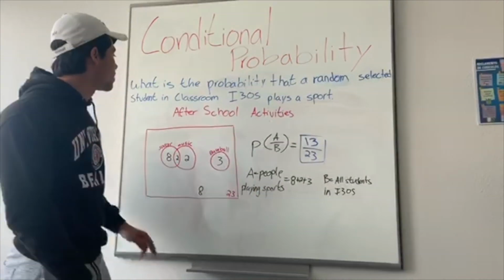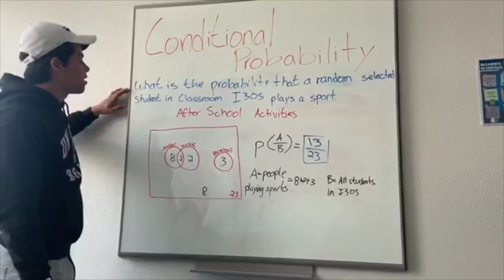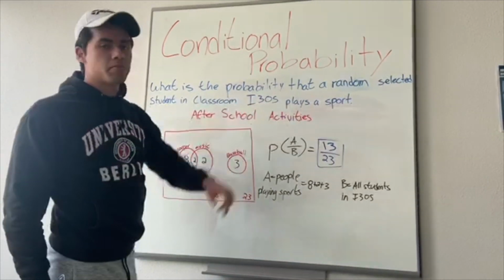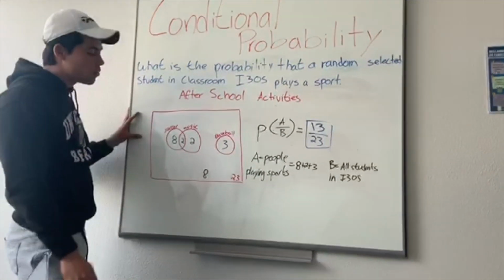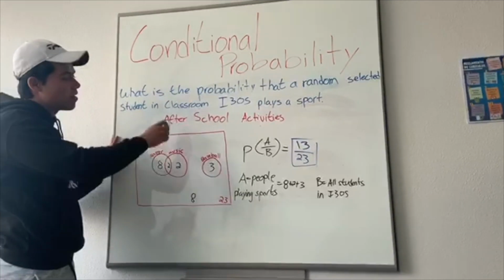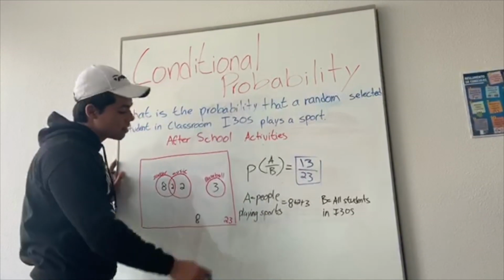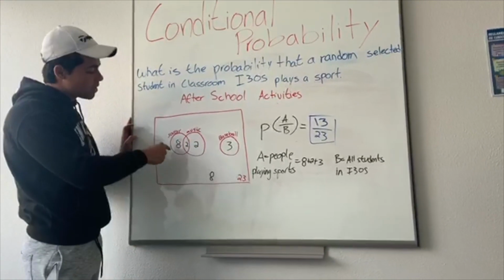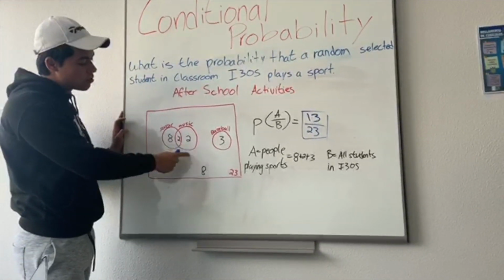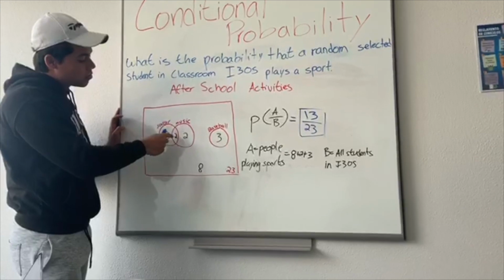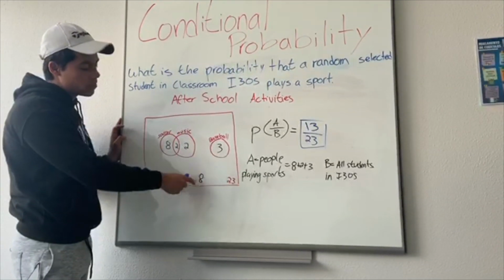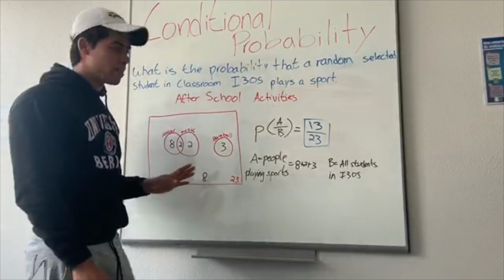Now an example. What is the probability that a randomly selected student in classroom 1305 plays a sport? Well, first in here we have a Venn diagram of the after-school activities that the total of 23 students play. We have that 8 play soccer, 2 play music, and 2 play soccer and music, and 3 play baseball, and 8 don't do anything.